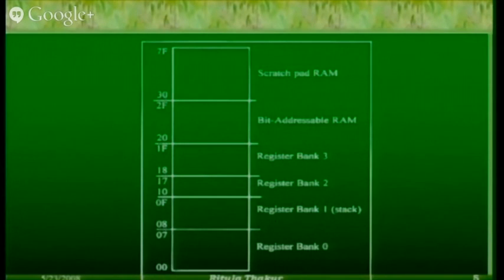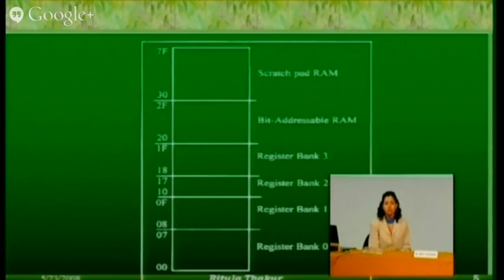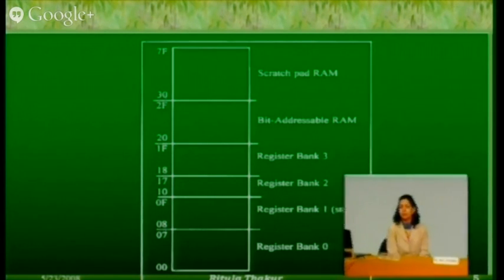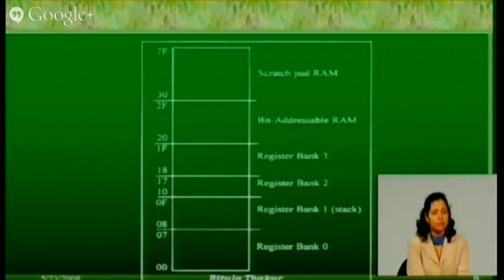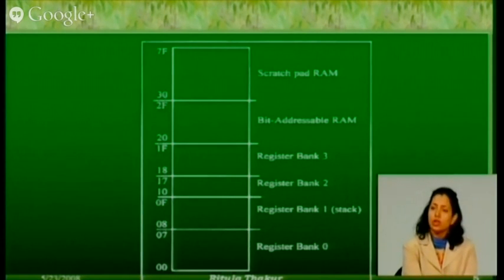Now coming to the memory, as I told you, on-chip memory. We are discussing the salient features of the 8051 one by one. We have already discussed the on-chip oscillator, and now we come to the memory. As we saw, 4 kilobytes of on-chip ROM is available for the 8051, but it's not that you cannot connect external memory to it.